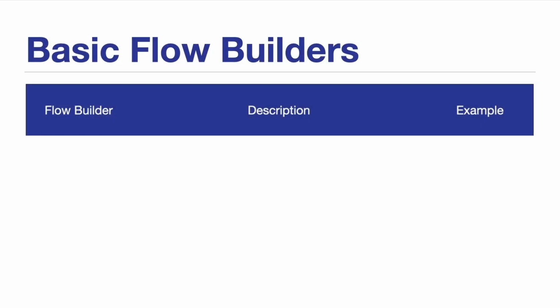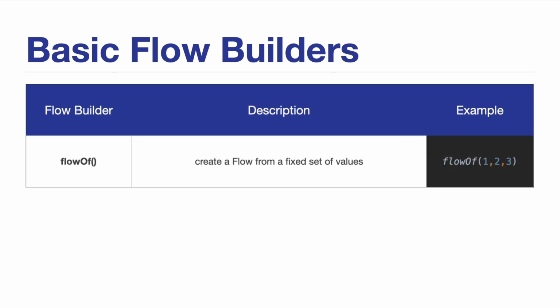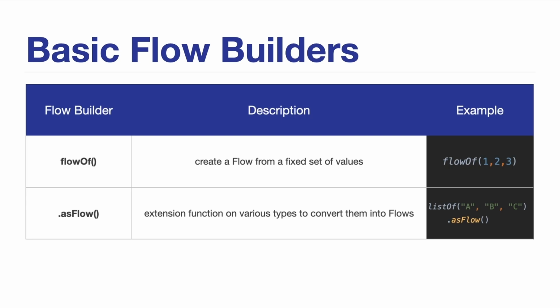So to summarize this lecture, let's have a look at this table that shows the flow builders that we've used in this lesson. At first, we have used the flowOf builder, which creates a flow from a fixed set of values. Then we used the asFlow extension function, which can be called on various types in order to convert them into flows.